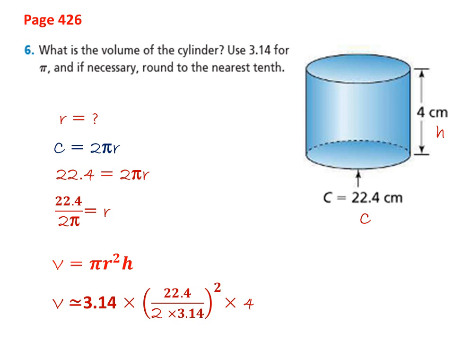Don't forget squared because of r squared, times h. H of course is 4. Now use your calculator to find the value of this expression. Yes, the answer will be about 159.8 cubic centimeters. Are you happy with this? Yes? Go to question 7.